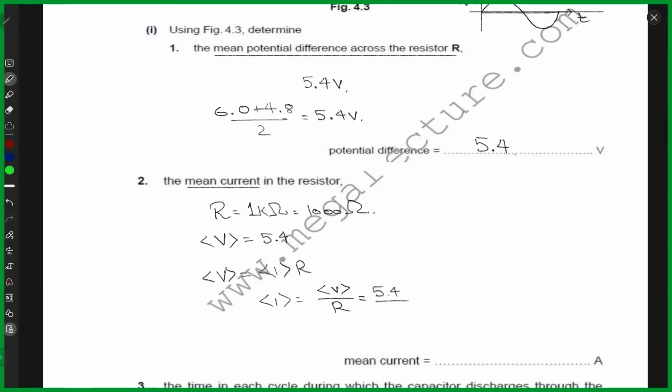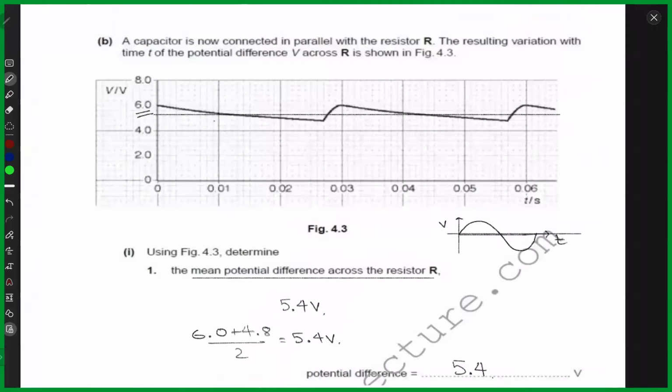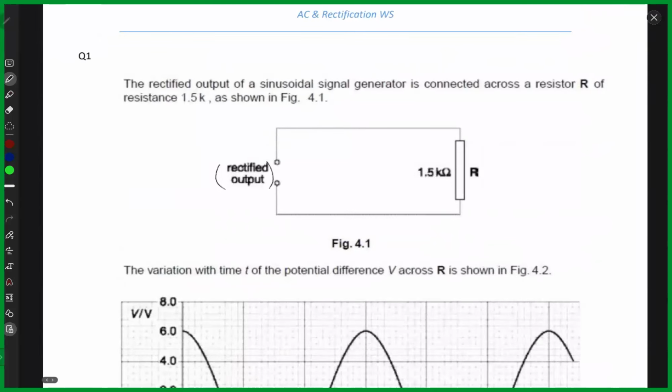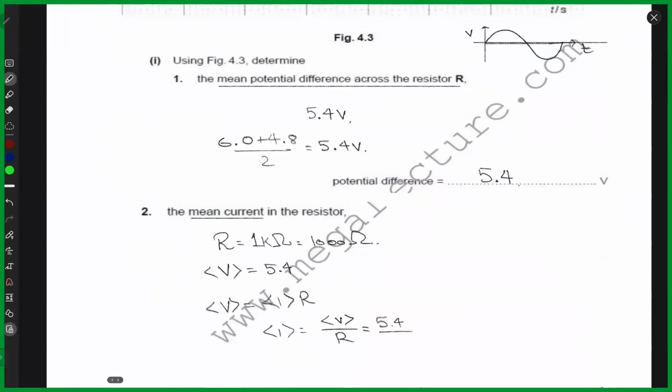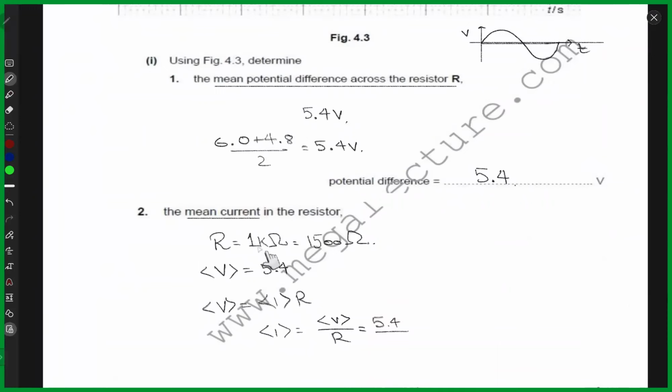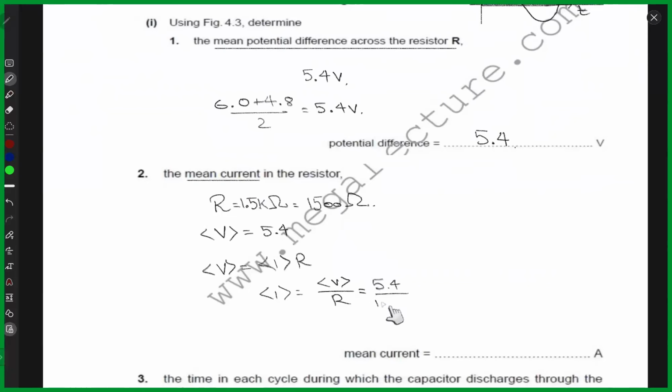The resistance, I think it was not 1 kilo ohm. I think it was 1.5 kilo ohms, so it would be 1500 ohms. Let's change that here as well. So this would be 1500 ohms, and the math gives you 3.6 milliamperes, so 3.6 into 10 raised to power minus 3 amps. So that's the mean current. Any questions till this point?